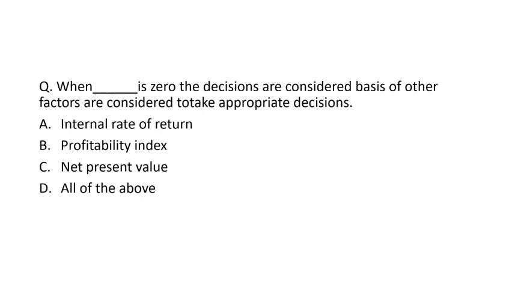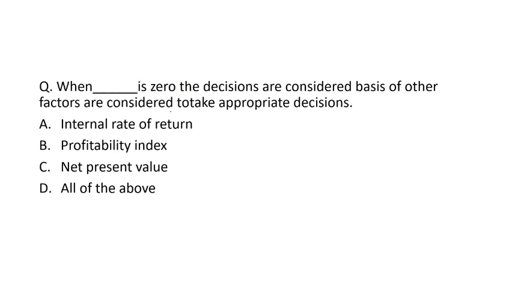Next question: when dash is 0, the decisions are considered on the basis of other factors to take the appropriate decision. Internal rate of return, profitability index, net present value, all of the above. So basically some capital budgeting techniques are mentioned, and the question is asking that if the answer of dash becomes 0, other factors are considered to take an appropriate long term decision.